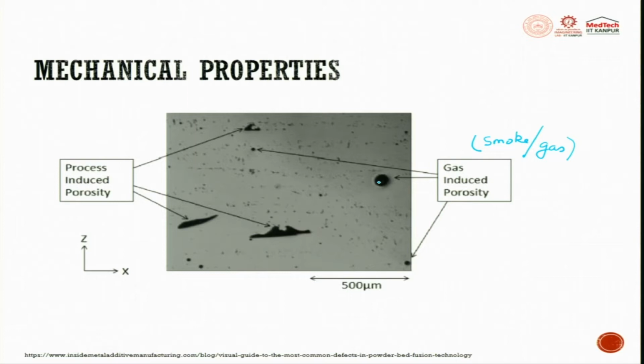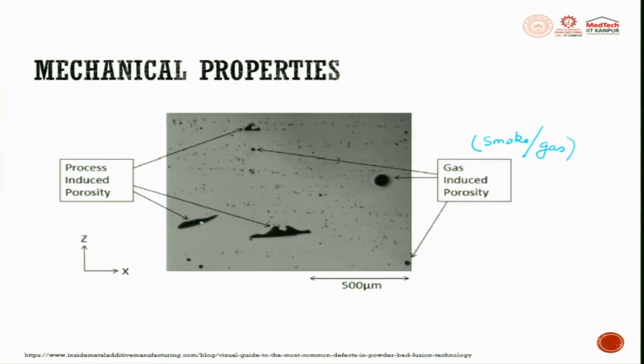Gas induced porosity, to a large extent, will be circular. You can get varying size and varying shape, but predominantly it will be circular. When you have process induced porosity, they will have different shapes and sizes.